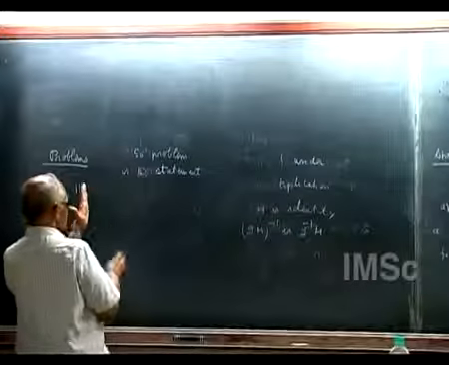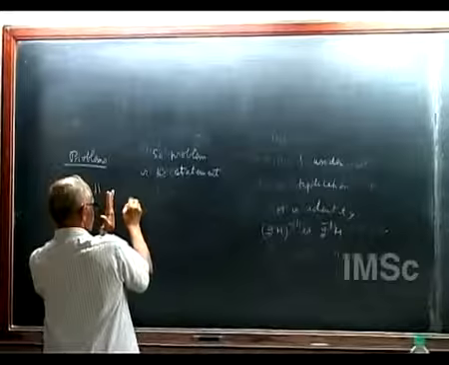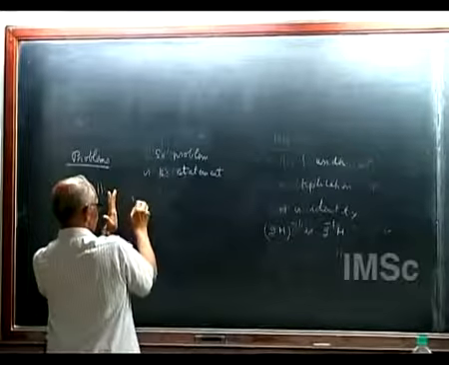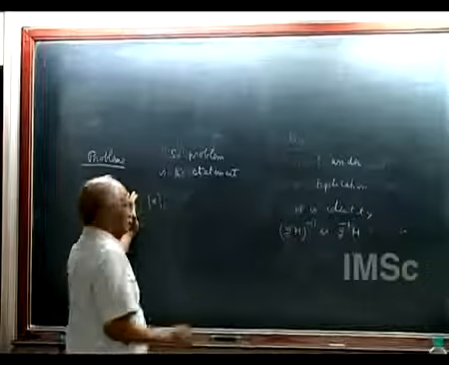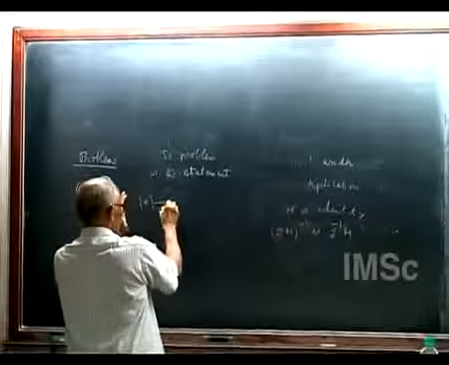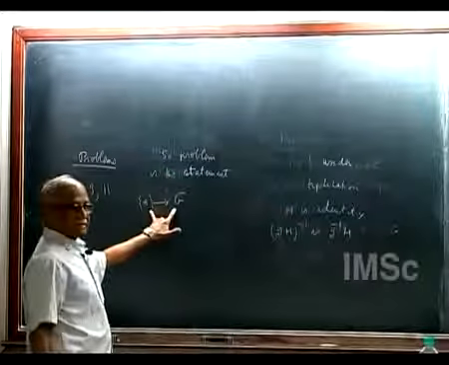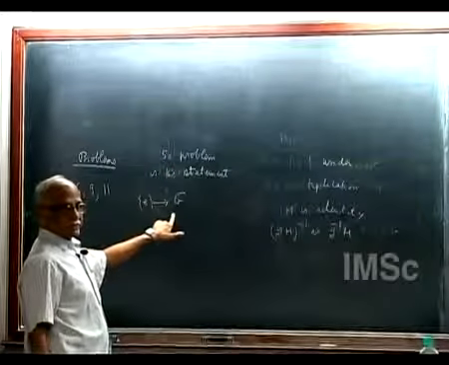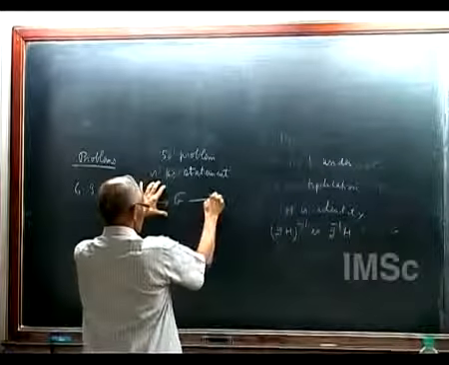So I start with some group consisting of simply one identity, one element E. Then I map it to G.